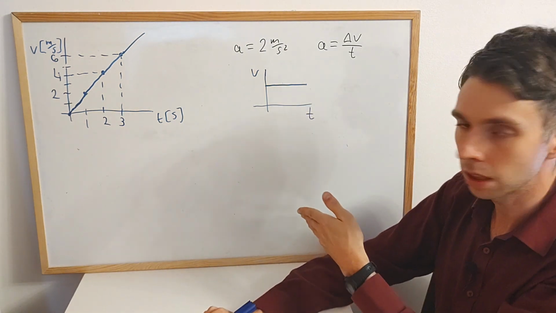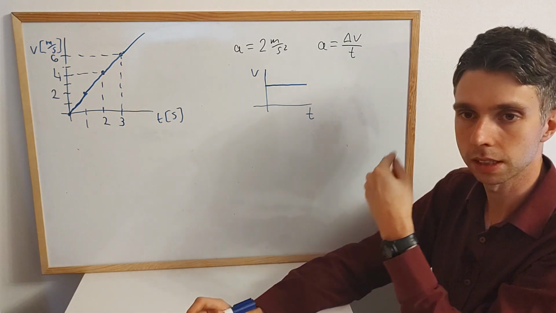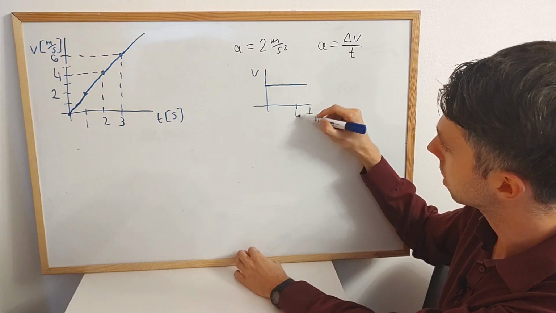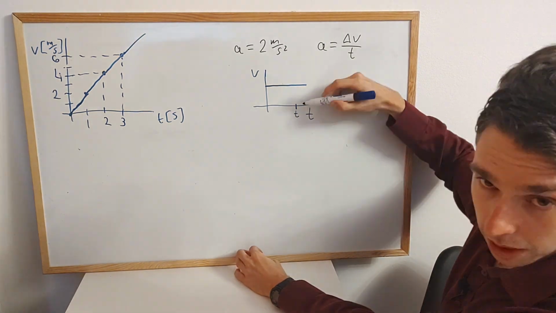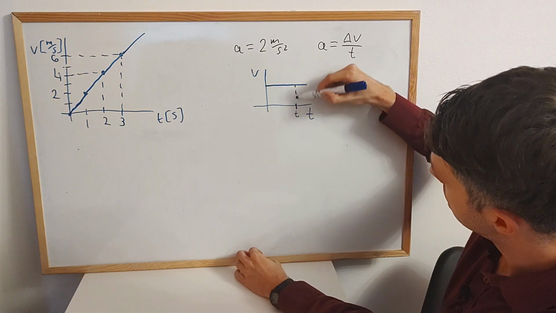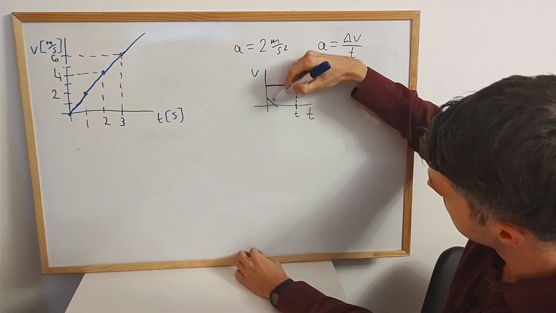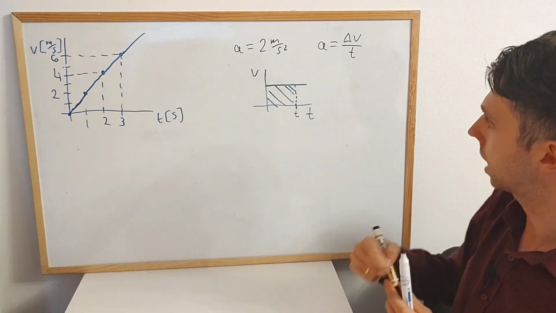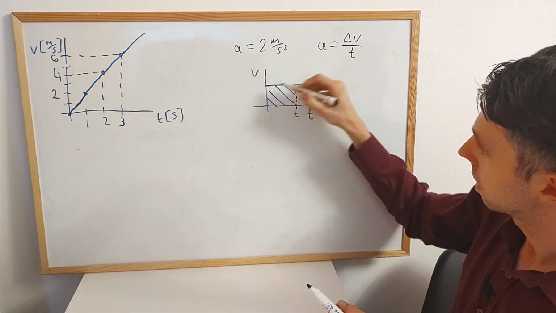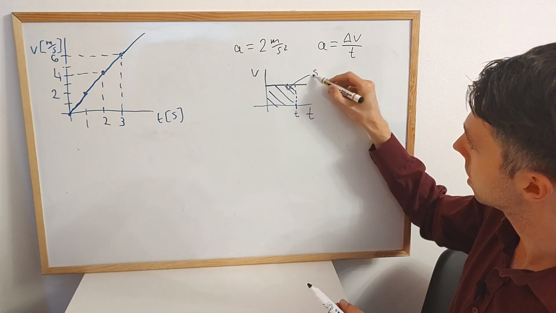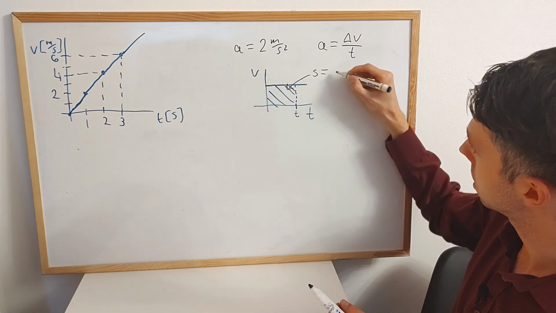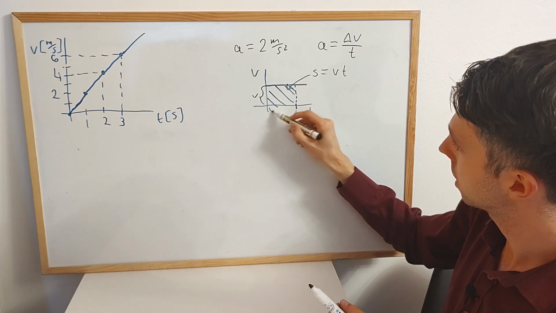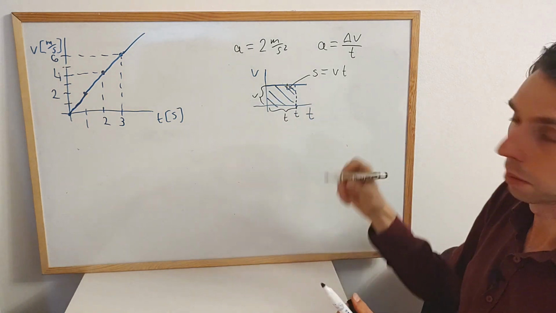So if we wanted to calculate distance, I showed you that distance in some time can be calculated if you draw such a vertical line, and here you have a rectangle, and it turns out that the area of this rectangle is distance, because it's speed, here is speed, multiplied by time.